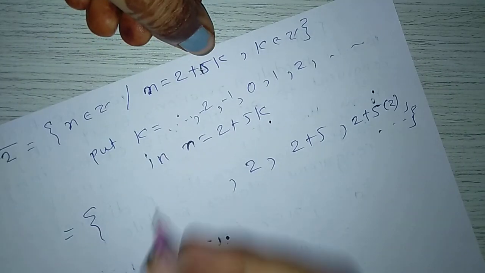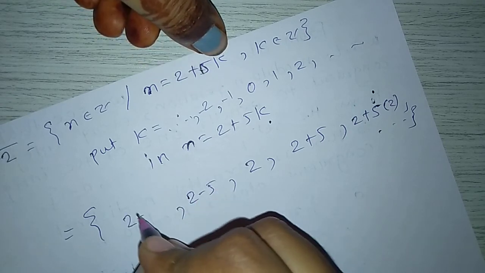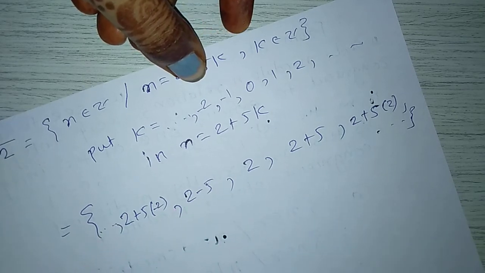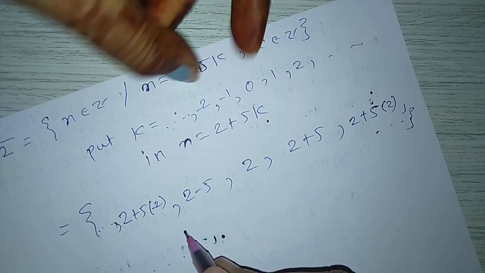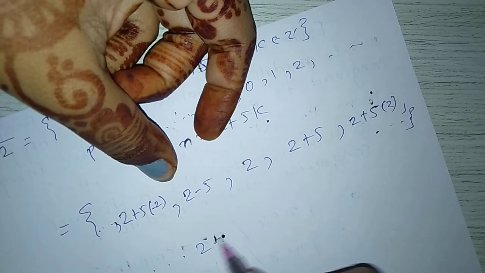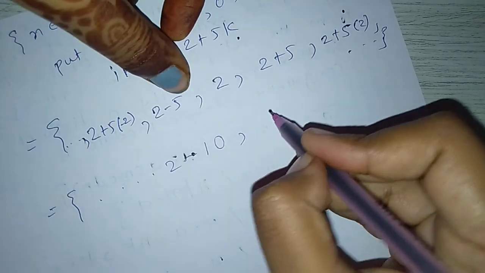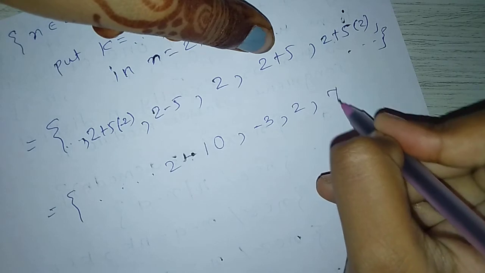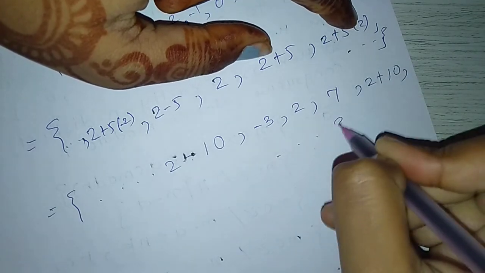If k equals minus 1, 2 minus 5; if k equals minus 2, 2 plus 5 into minus 2, which means 2 minus 10, and so on.